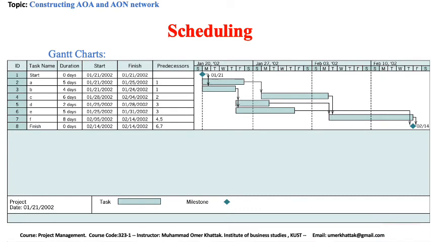An example of a Gantt chart where we have the same activities as we saw in the other AOA and AON networks, the same plan, where activities A, B, C, D, E, and F are there, with activities A and B having no predecessors. So, as you can see, both start at the same time, and then activity B finishes early.